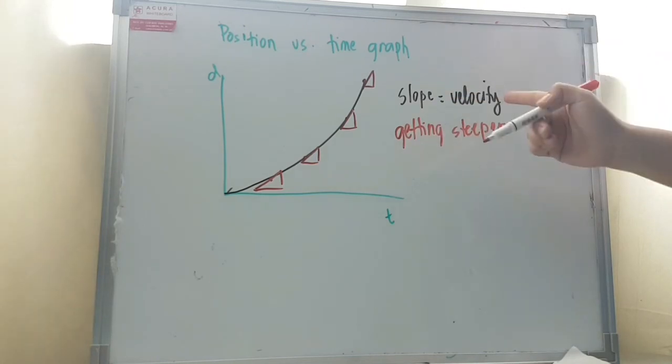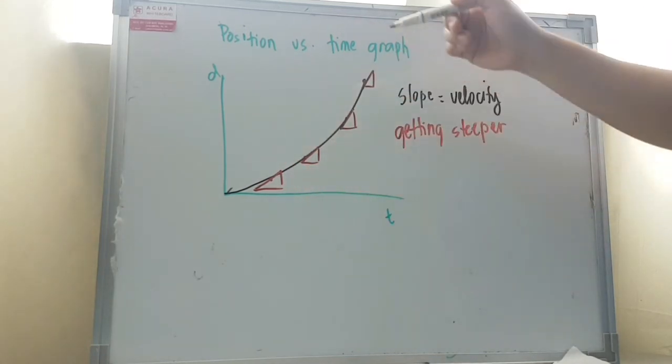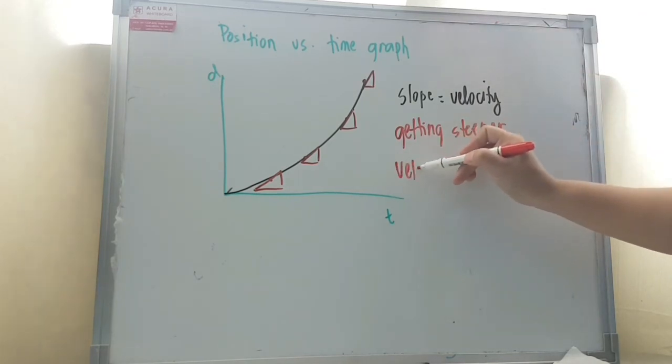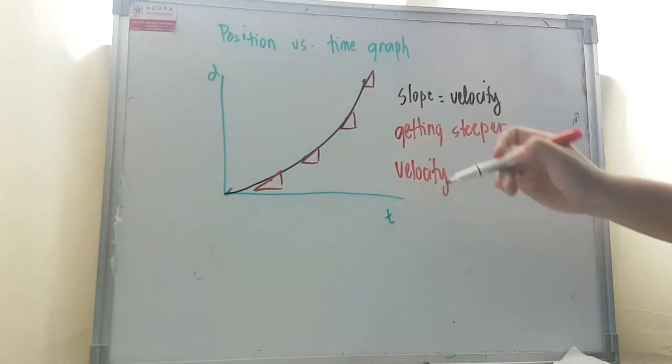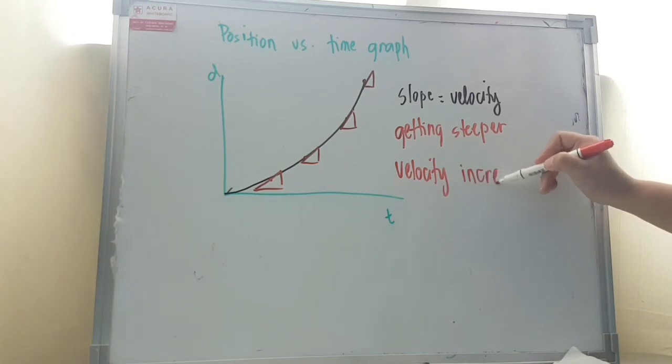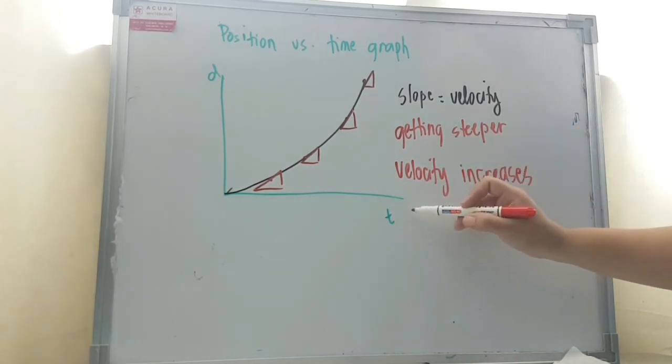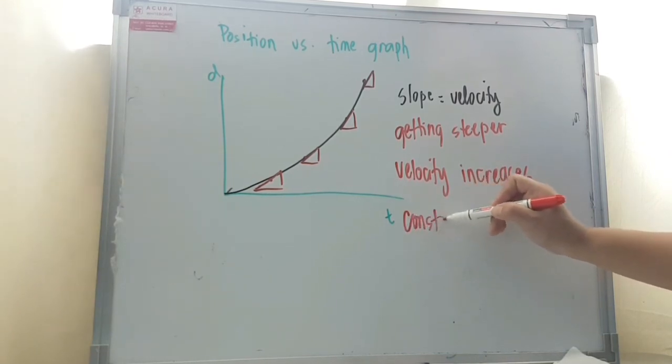And that slope is the velocity. Therefore, for this position versus time graph, velocity increases. That's how we interpret this graph, that velocity increases. Is there an acceleration? Yes. So this one is a constant acceleration.